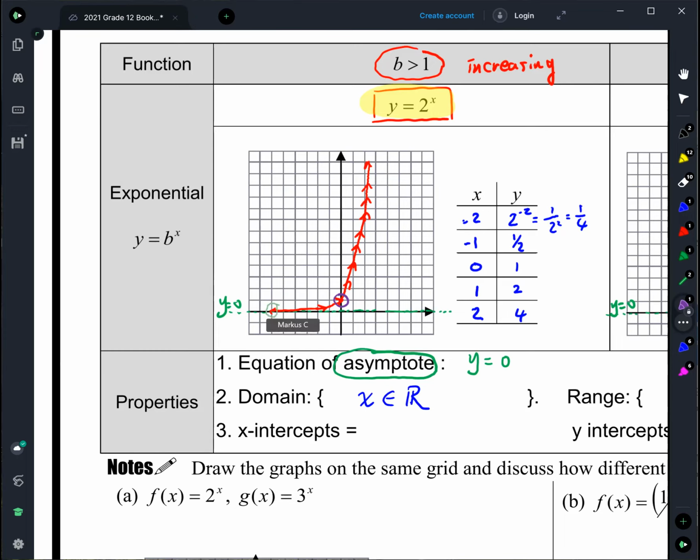Well, this keeps on going. That's an arrow, so it actually keeps on going, but never touches. Remember I said this graph has an asymptote line. So it doesn't touch the x-axis. This is a trick question. It has no x-intercept. None.